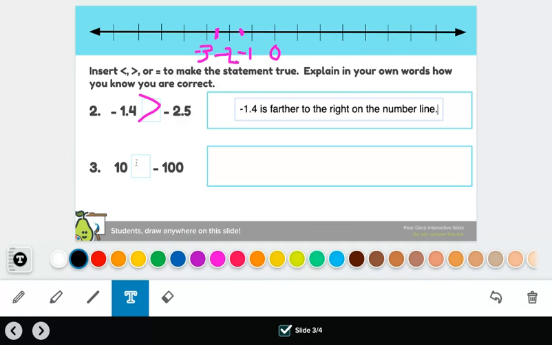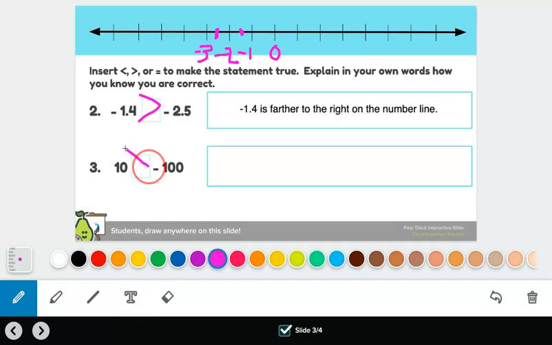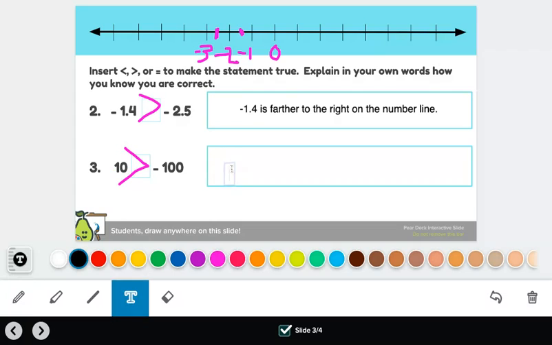Then for number 3, we would say that 10 is greater than -100. I would say something about how any positive number is always greater than any negative number.